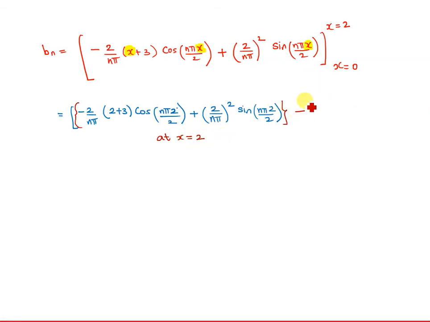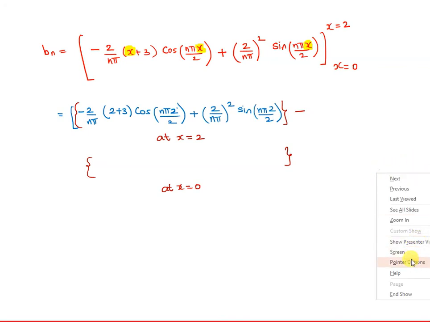Then minus, we will replace x by 0. So let's see what we will get when we replace x by 0.